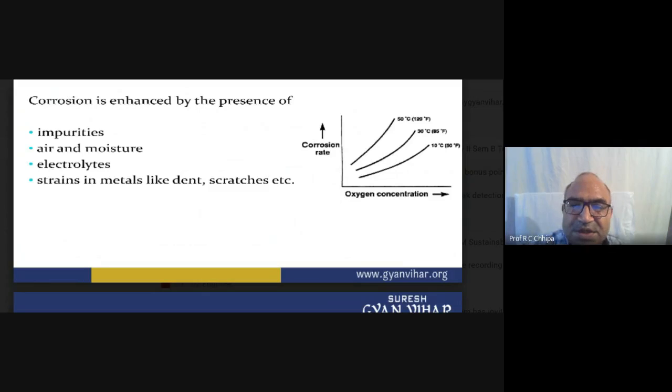If temperature is taken, temperature also gives variation, but temperature is also one of the impurity. For example, in case of copper, what happens? Copper undergoes the process of corrosion.